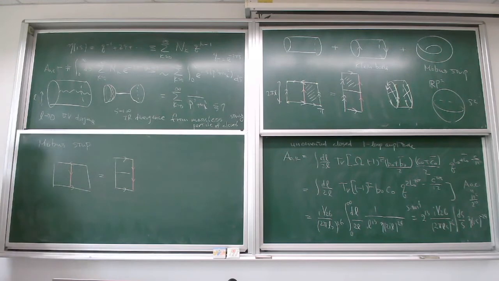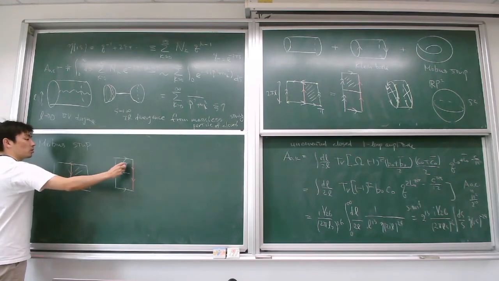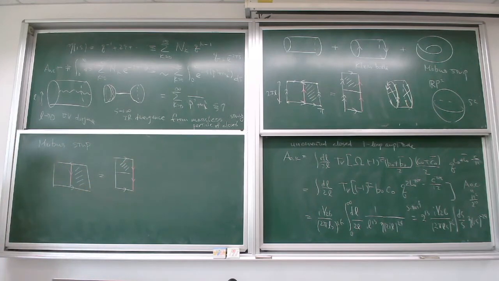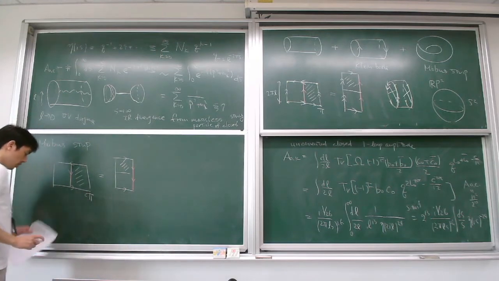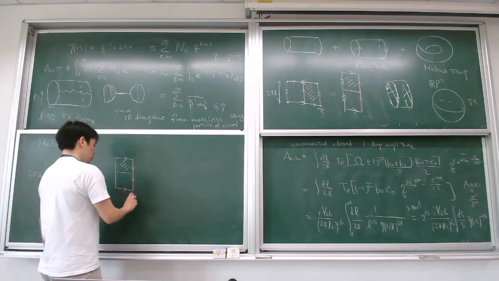So you get this picture, and now this part goes to this part, but just orientation flipped. And so this can be understood as a cylinder. So this is pi now, and here again 2 pi L, and then 0 to pi. So now this is pi over 2.